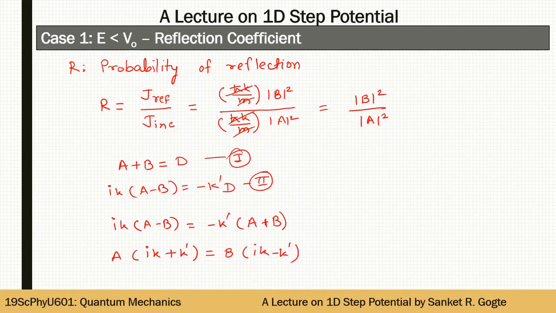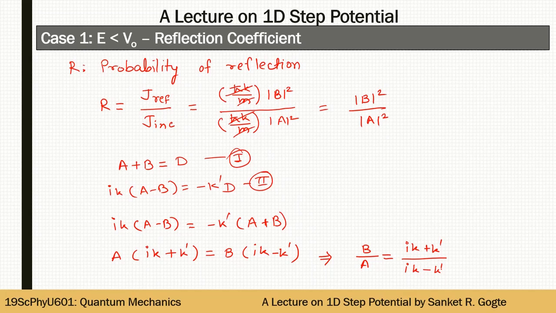Is it correct? So therefore what I have here is, I want B by A, so it is equal to ik plus k prime divided by ik minus k prime, and this is the ratio.